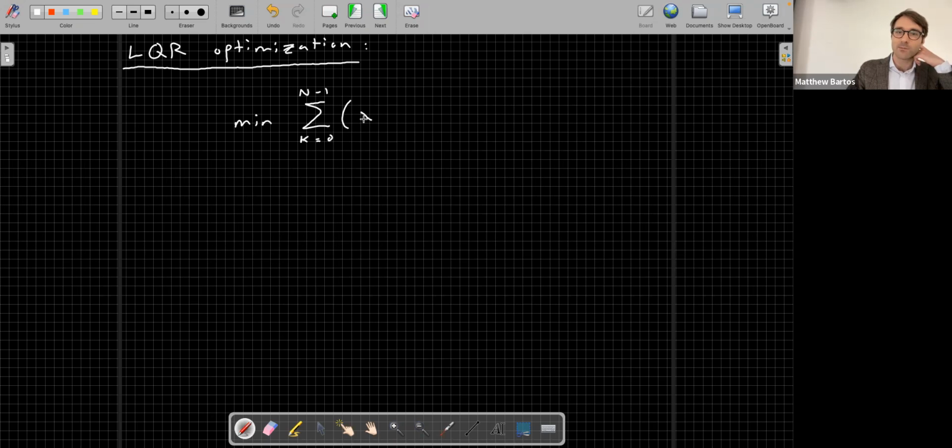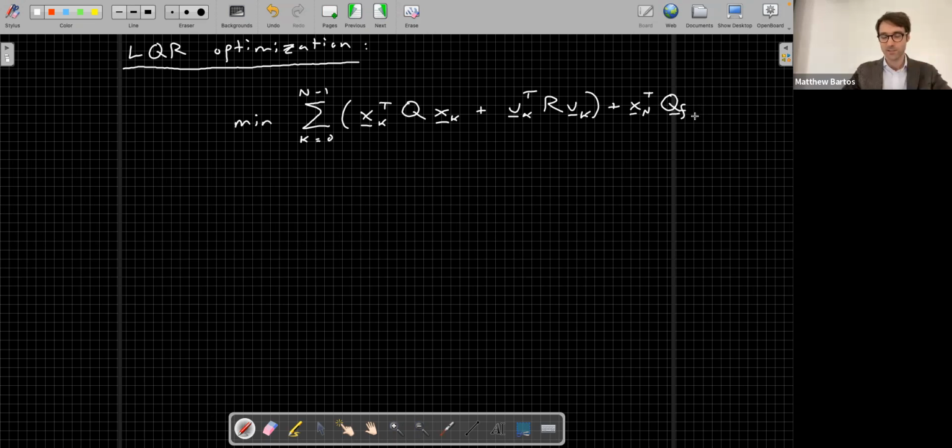I will just write it out first. Xk transpose Q Xk, plus Uk transpose R Uk, plus Xn transpose QF Xn. Sorry, that's not a vector. Xn transpose QF Xn.